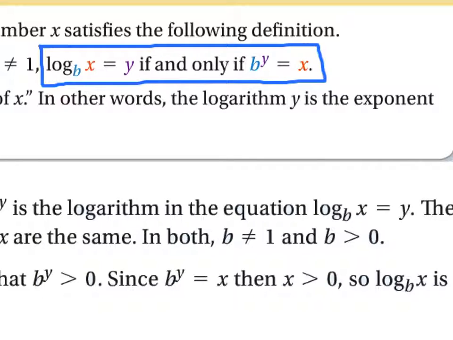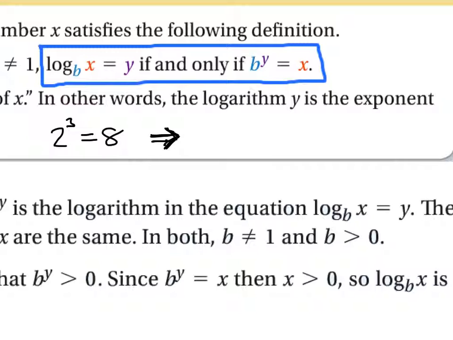So when I'm going through and doing these, for example, let's say I have 2 to the 3rd power, and that equals 8. Okay? That is written in exponential form because I'm using an exponent. I want to rewrite that in logarithmic form. First off, my phrase that I gave you at the very beginning of the lesson was that a log is an exponent, right?